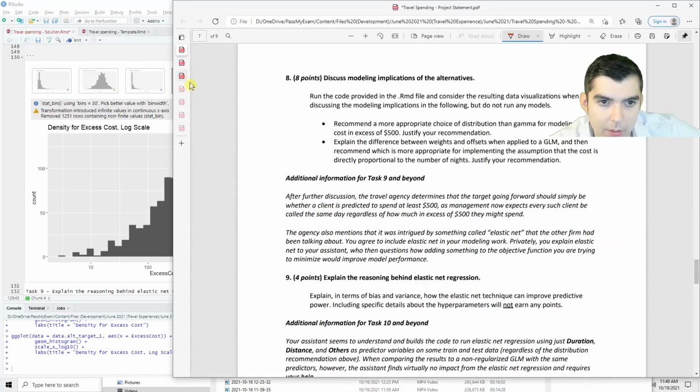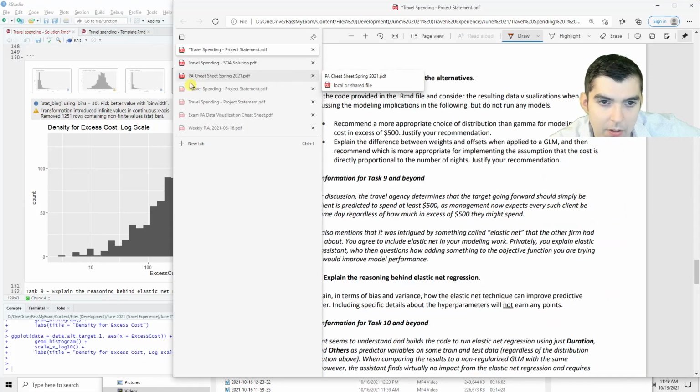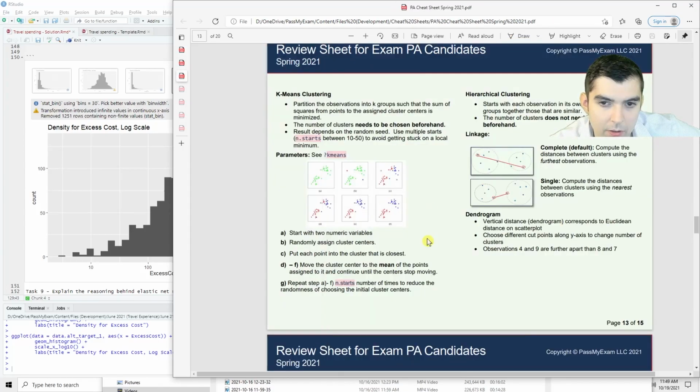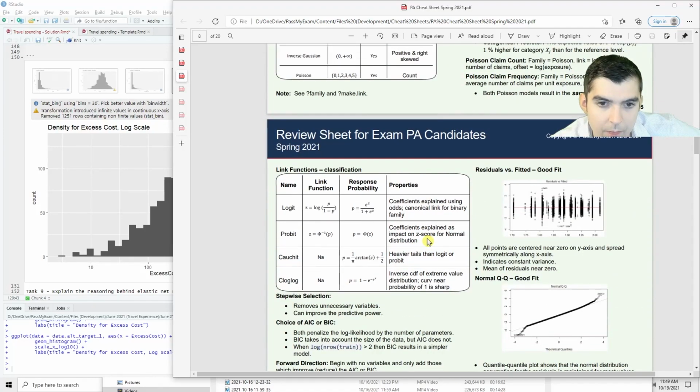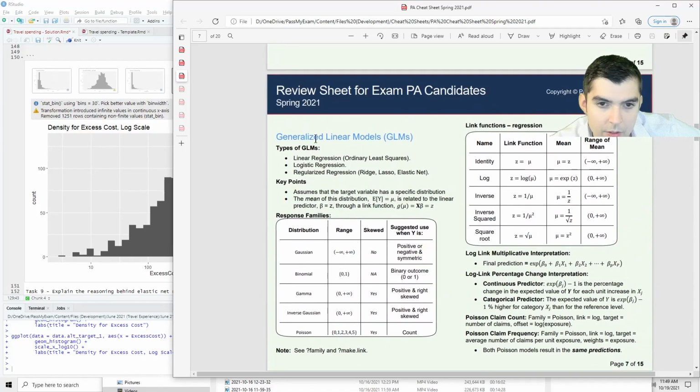So this question is really about the target distribution. So you want to look here. GLMs, and the type of regression that we're doing is regression and not classification, and we have to choose the response family and the link function.